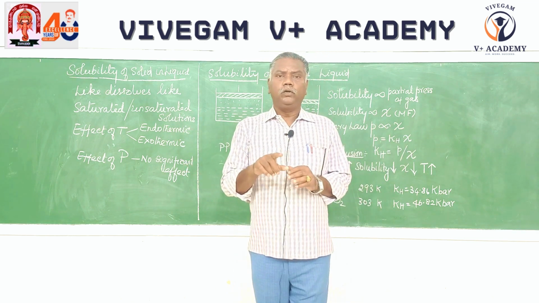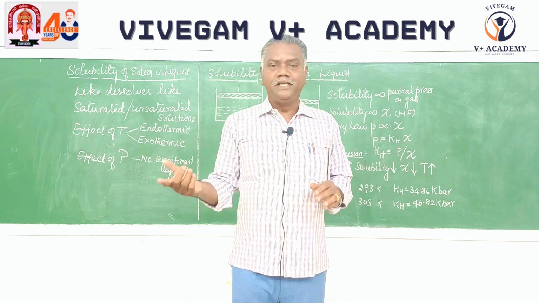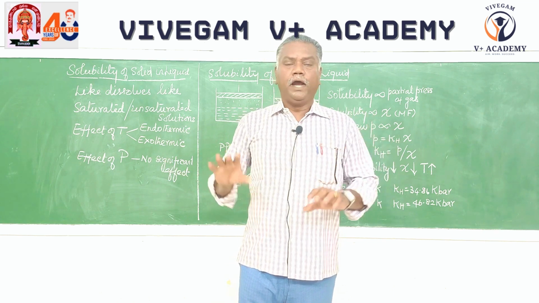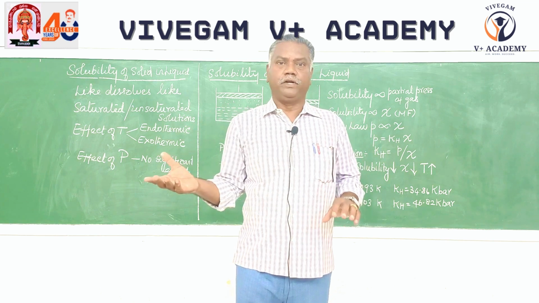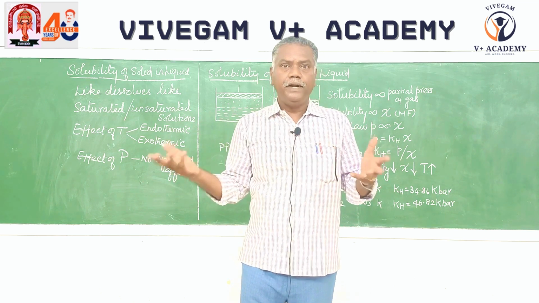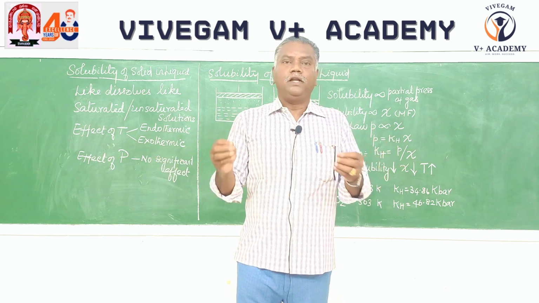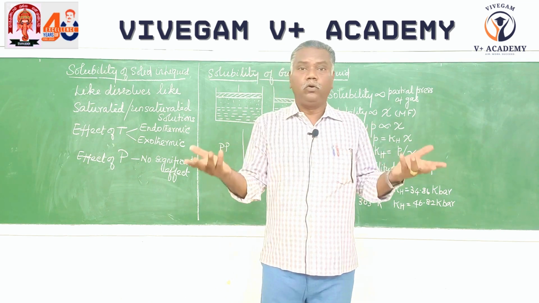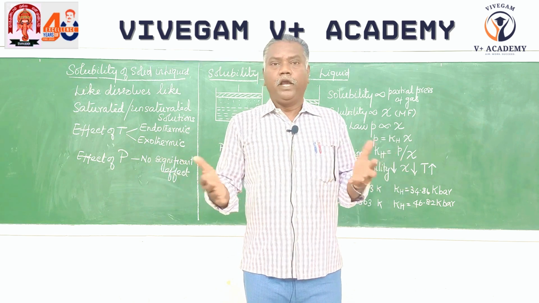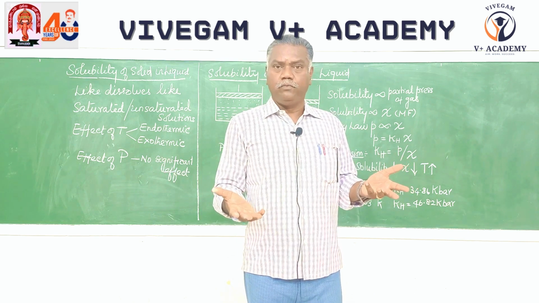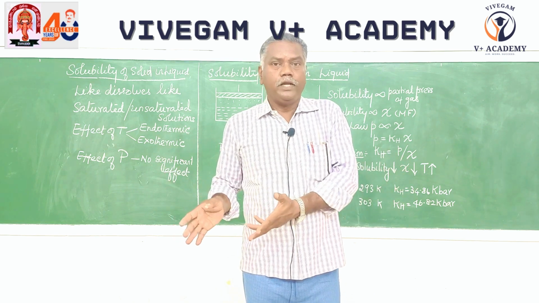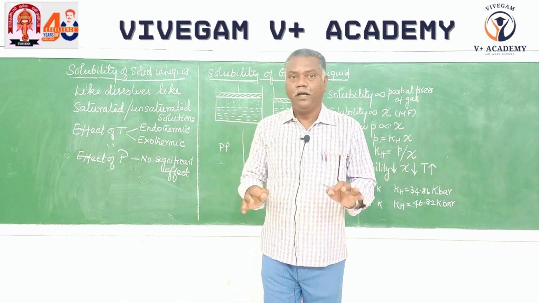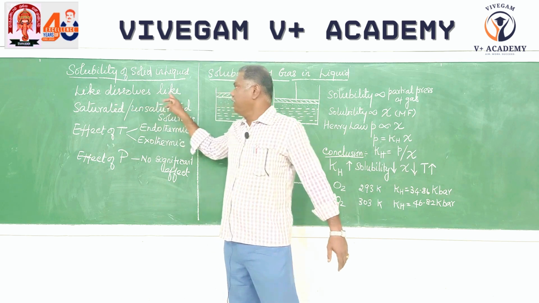So, if you want to dissolve sodium chloride in benzene, it is impossible. Why? Sodium chloride is a polar solute and benzene is a non-polar solvent. A polar solute cannot be dissolved in a non-polar solvent. But at the same time, benzene and carbon tetrachloride can be mixed. Why? Benzene is a non-polar solvent, carbon tetrachloride is also a non-polar solvent, so they will mix with each other. This is the meaning of like dissolves like.